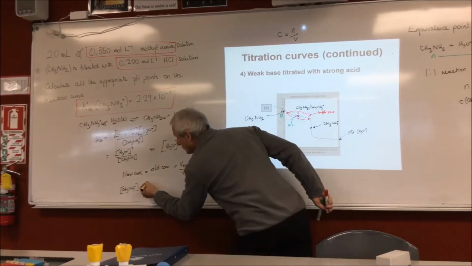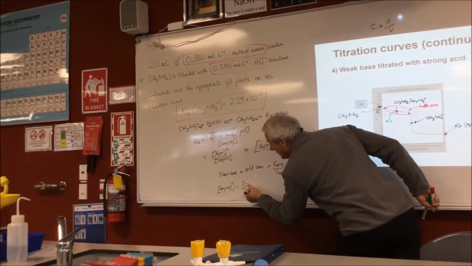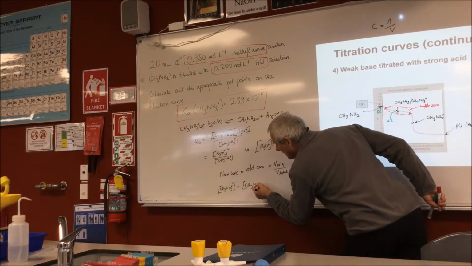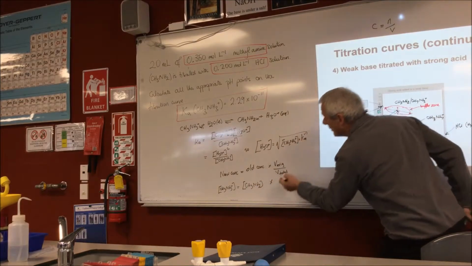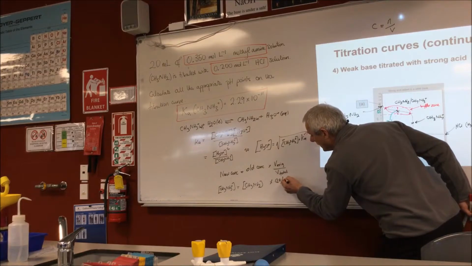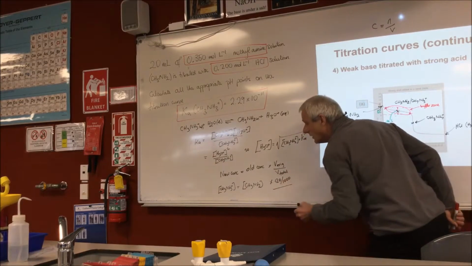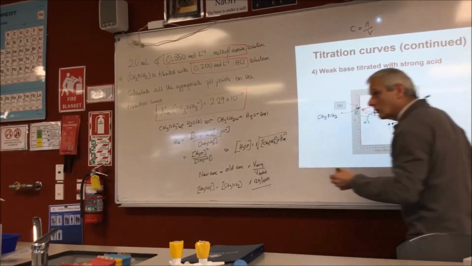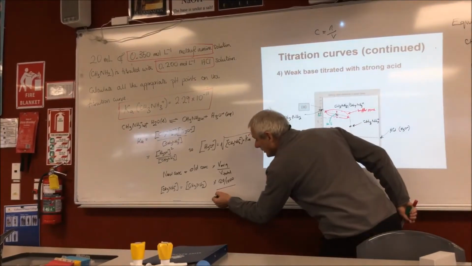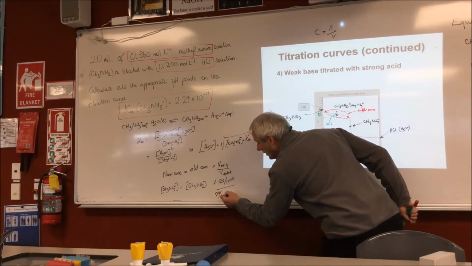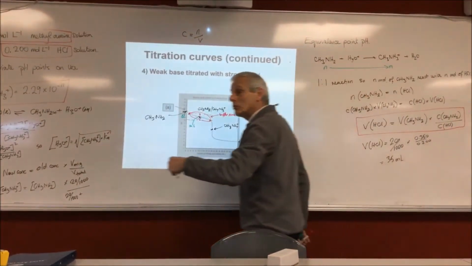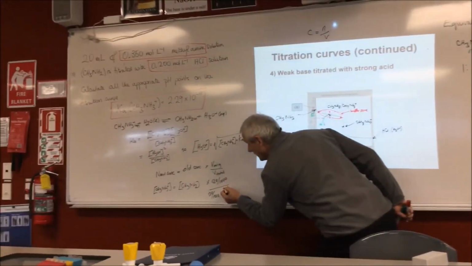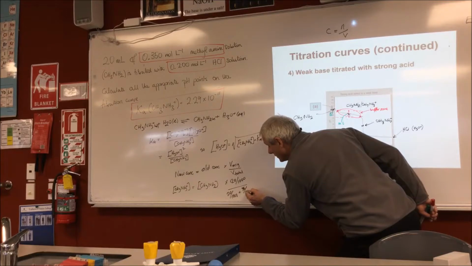So it's the concentration of the base at the beginning of the titration times its original volume, which is 20 over 1,000, divided by the total volume. So 20 over 1,000 is what we started with, but we've added 35 mils by neutralising them. So it's 35 over 1,000. Okay?